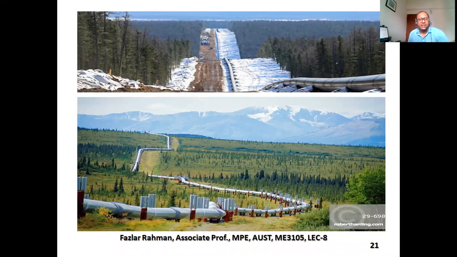This is a pipeline picture taken from a website. There's a company supplying oil through a pipeline, and the pipeline is going under the hill, sometimes over the top of the hill. You see elevation is not the same.